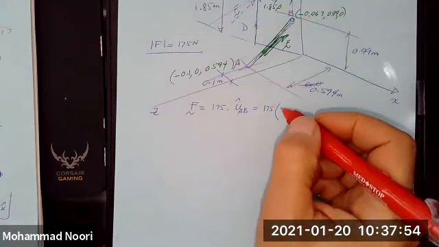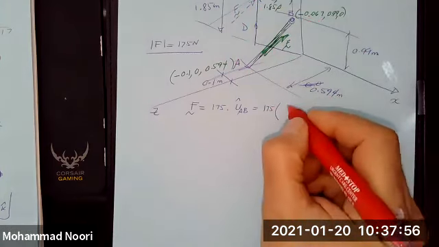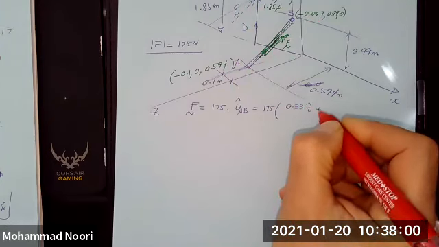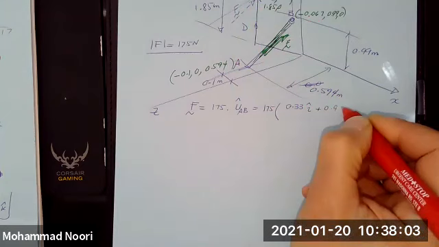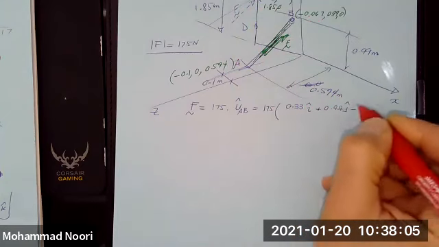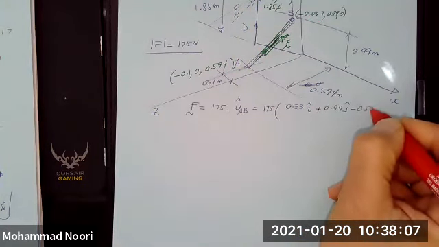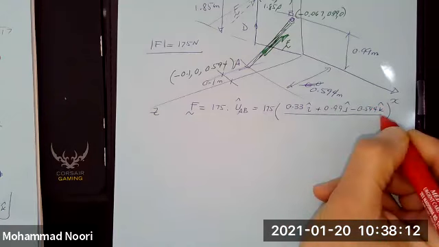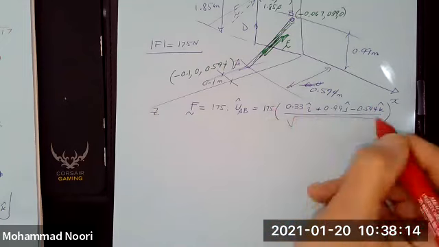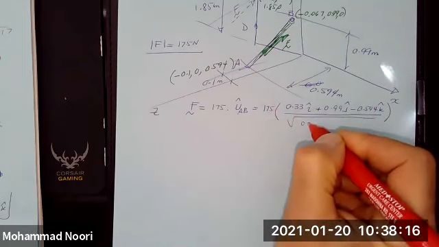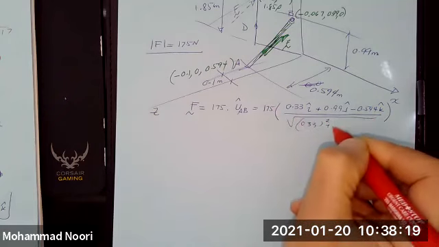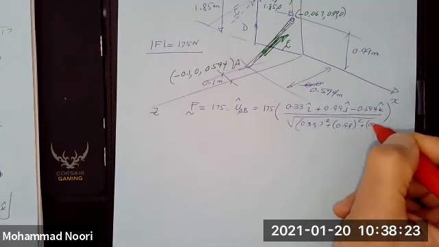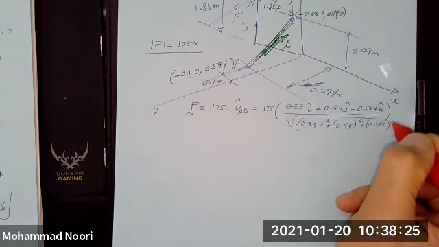If you calculate that, you see it would become 0.33 i plus 0.99 j minus 0.594 k divided by the square root of 0.33 squared plus 0.99 squared plus 0.594 squared.